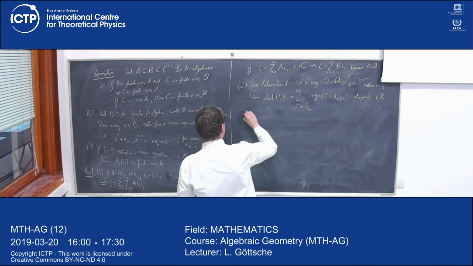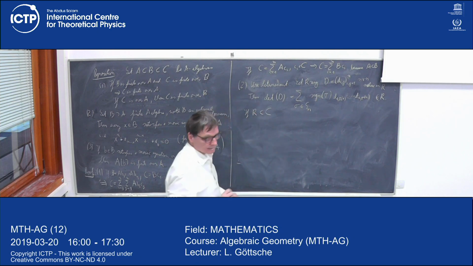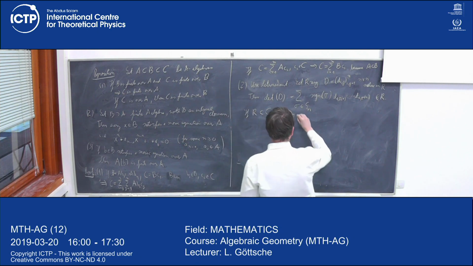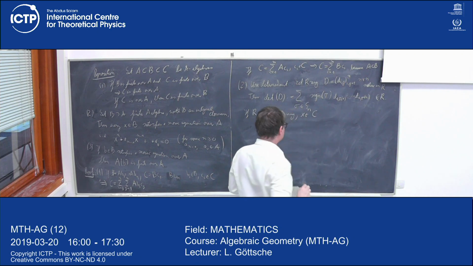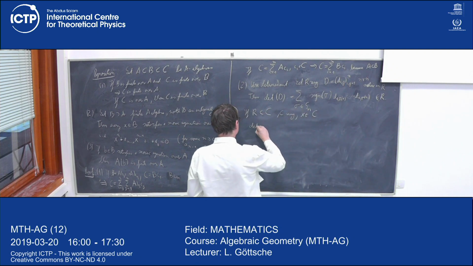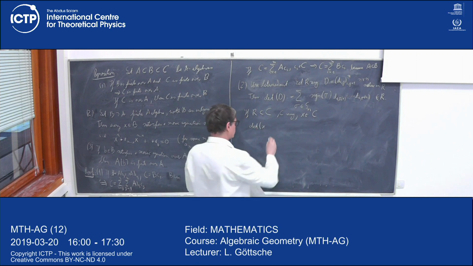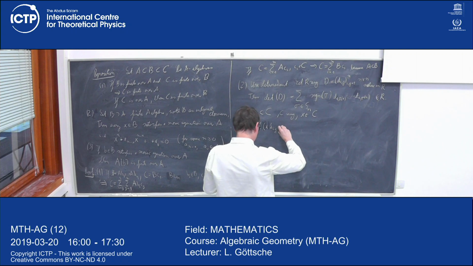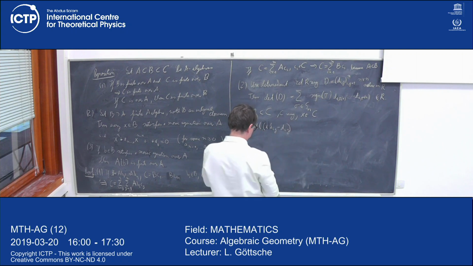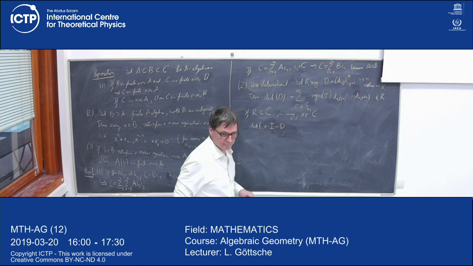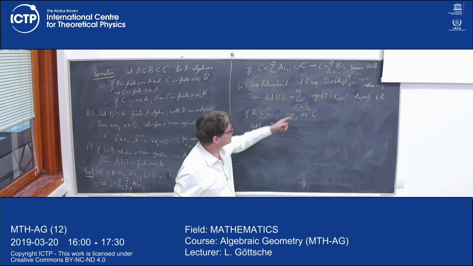Now assume, so if R is contained in another ring C, and we take some element X in C, then we can look at the determinant of X times the identity matrix minus D, where the identity is the n times n identity matrix and D is as before.